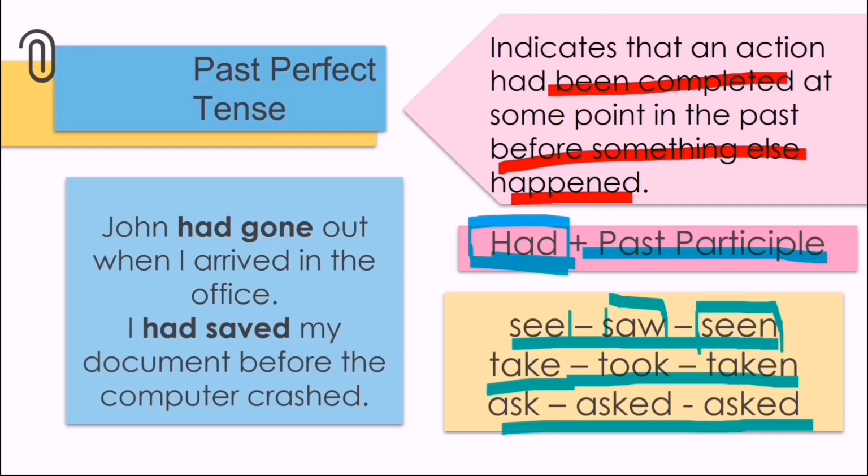For example, in the sentence, John had gone out when I arrived in the office. So, wala na si John pag abot na ako sa office. Next, I had saved my document before the computer crashed. Okay? In the sentence, two events happened. And that is past perfect tense.